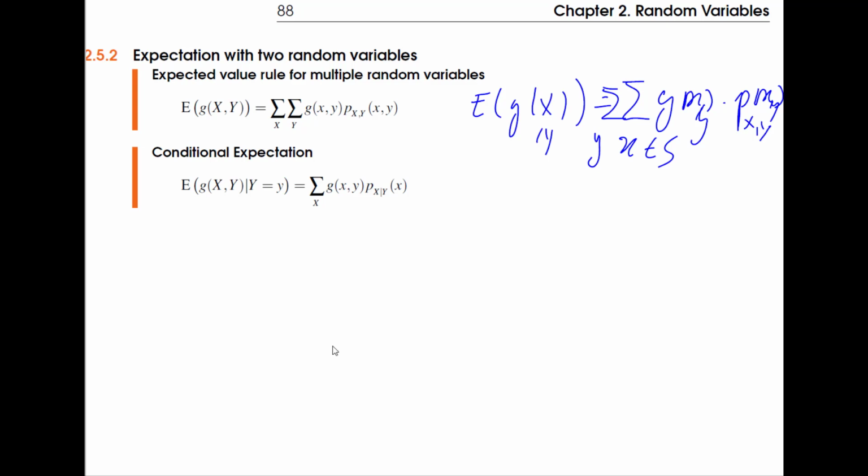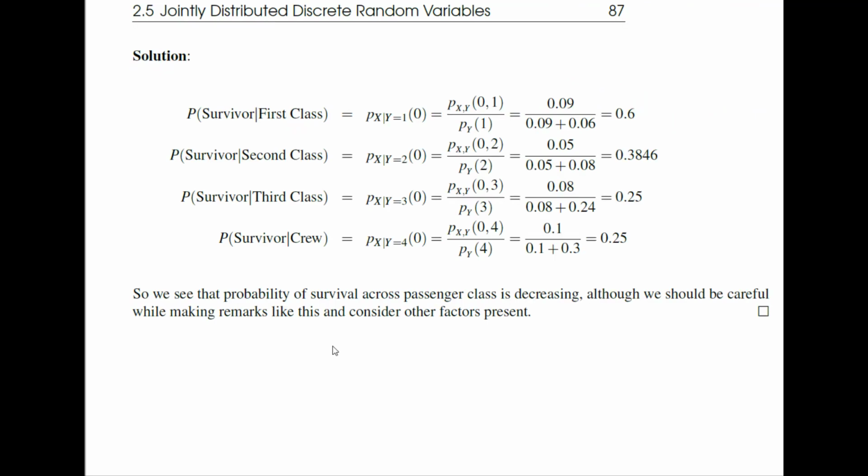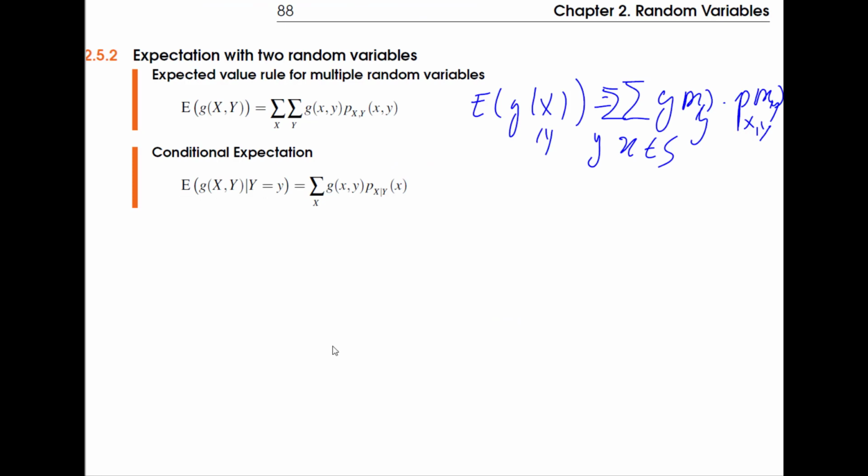And then conditional expectation, we don't need to be afraid of. It might be an intimidating name for some reason, but it's the same as regular expectation. The only difference is that we're using a conditional distribution, such as the one we just used in the example with x equals 1.